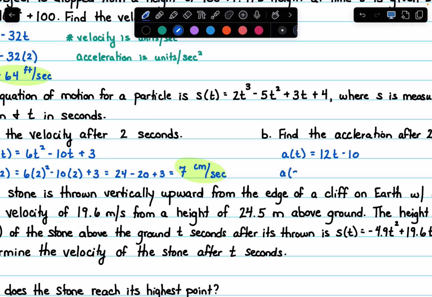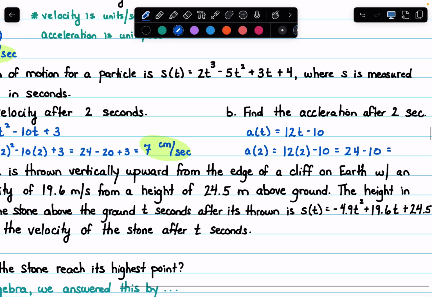And then plug in 2. So you get 14 centimeters per second squared. I'm running out of room. There you go.